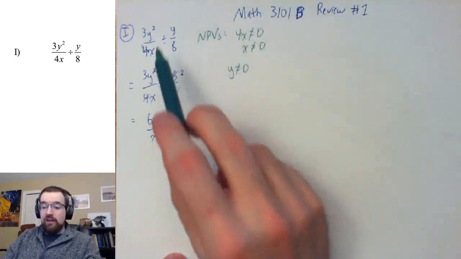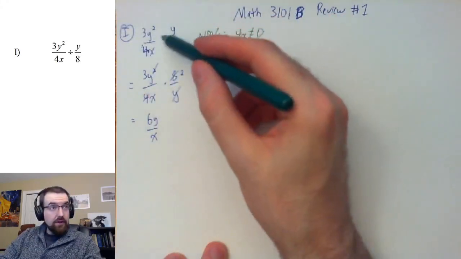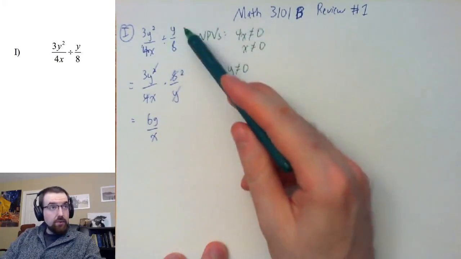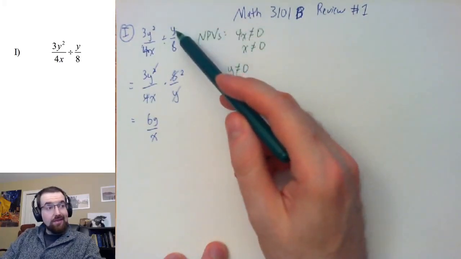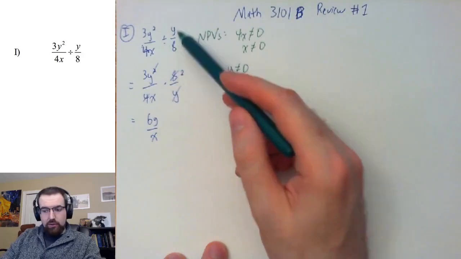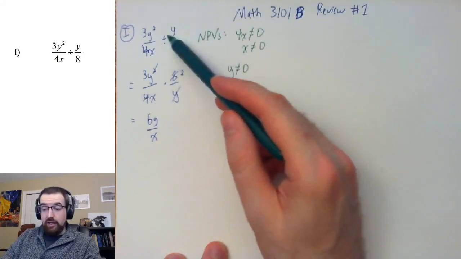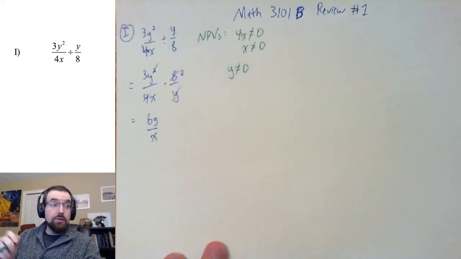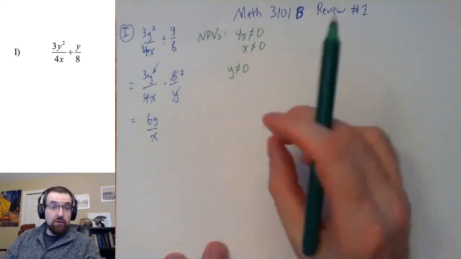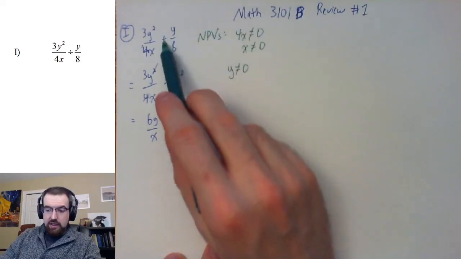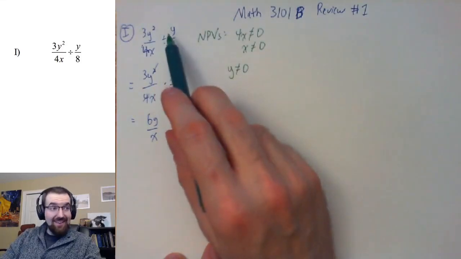Well, the problem here is that we're dividing. We are dividing by y over 8. So if the y on top is a 0, then this whole term becomes 0, which means we are indeed dividing by 0 because of this division sign here. It does throw you for a loop sometimes in algebra because you very rarely see a division sign written out like that.